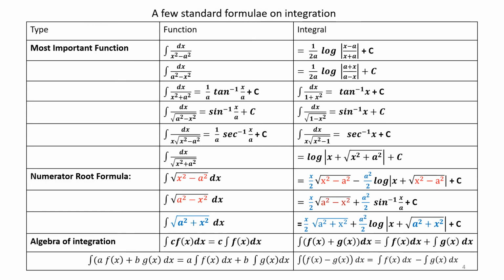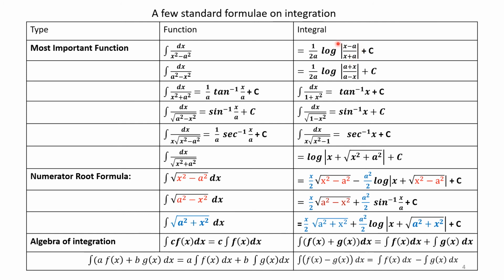We have also given some important formulae on integration, which are very frequently used in solving numerical problems. It is given under the heading most important functions. Integral of dx by x square minus a square equals 1 by 2a into log of modulus x minus a divided by x plus a.